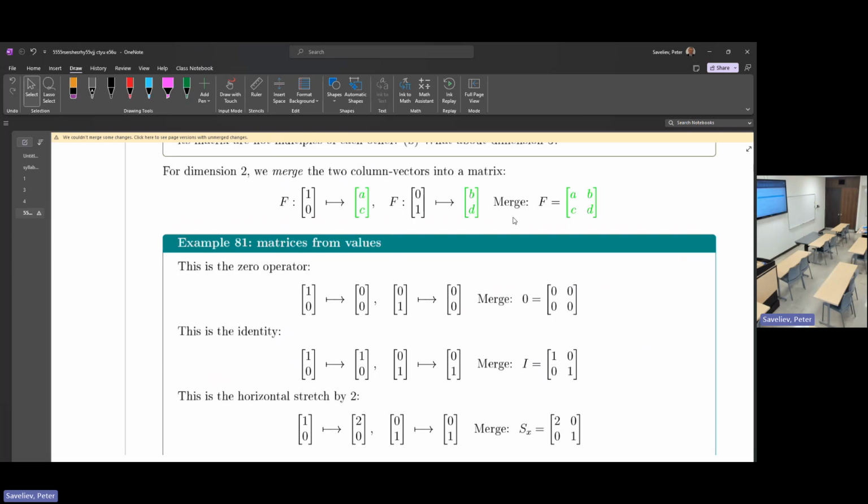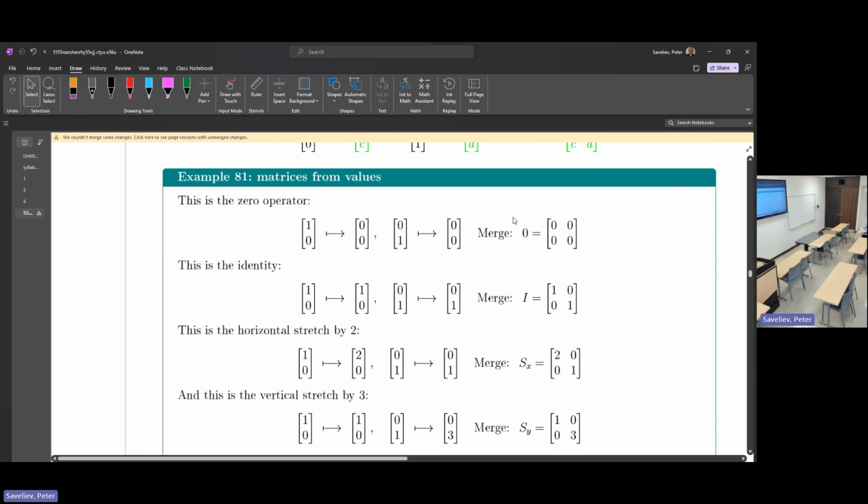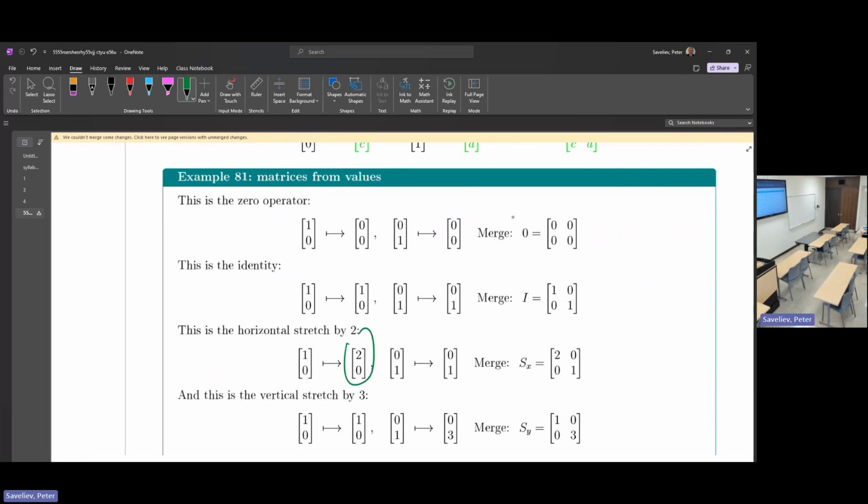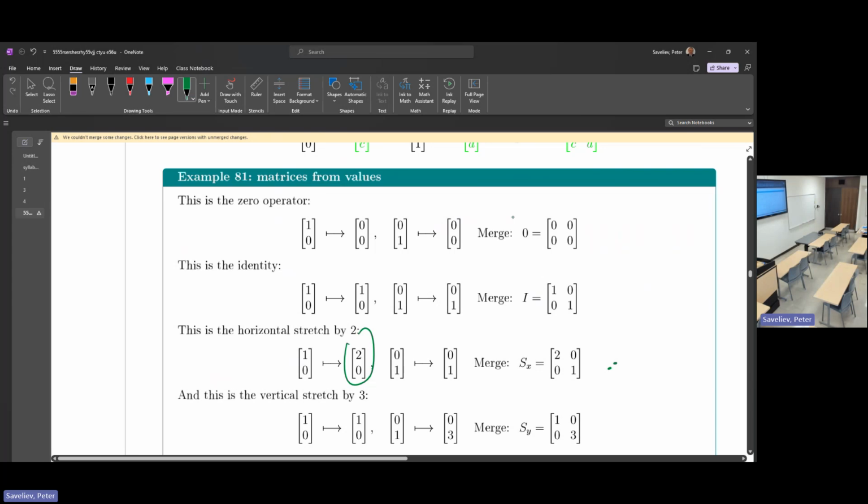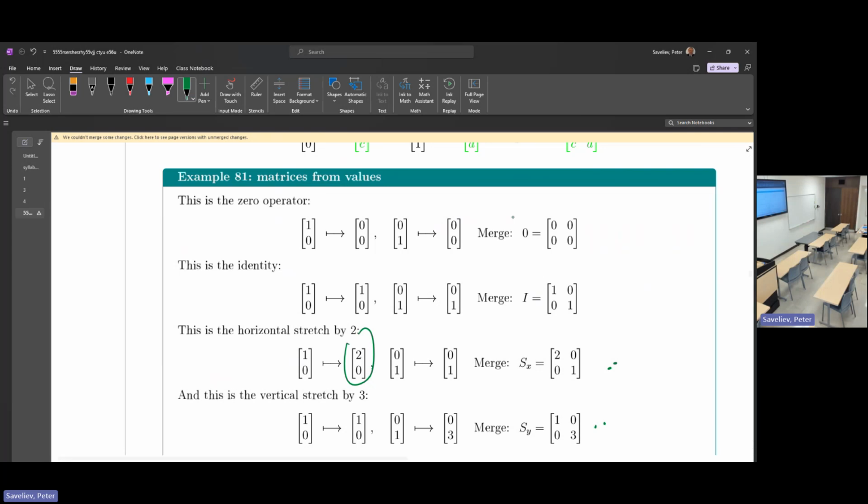So once again, for example, number 3 here, horizontal stretch by 2: (1, 0) becomes (2, 0), while nothing happens to (0, 1). That's where the matrix comes from. The opposite here: nothing happens to (1, 0), but (0, 1) becomes (0, 3). That's how that 3 ends up at the bottom right.